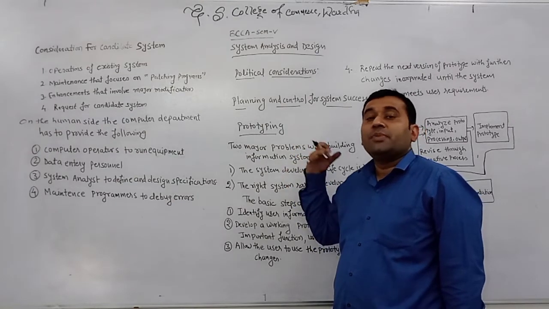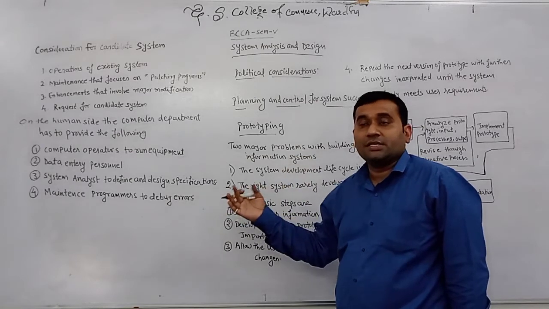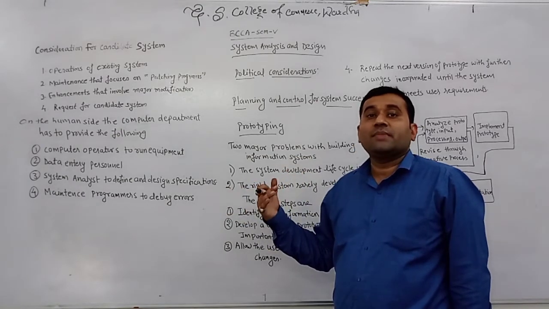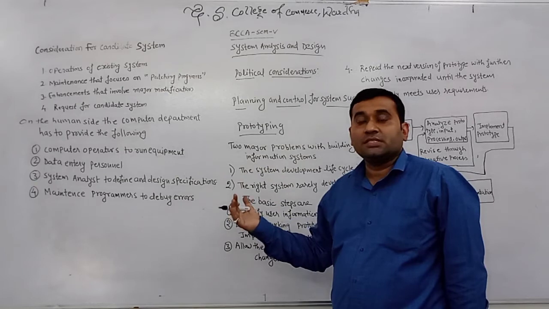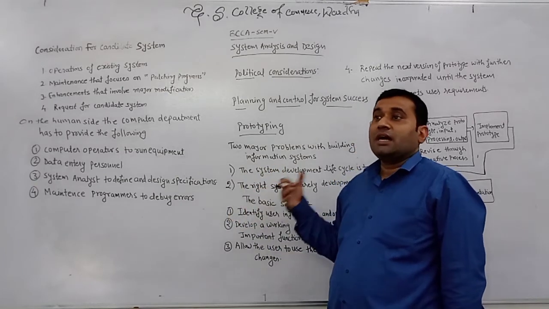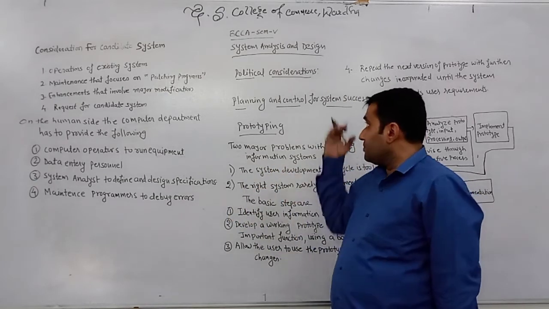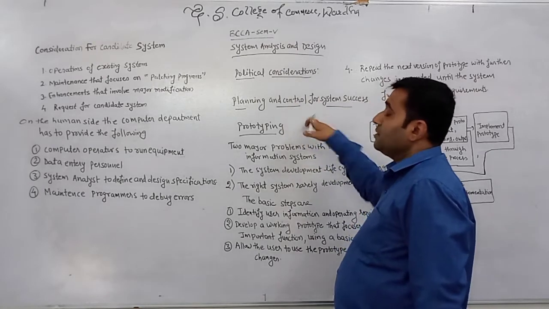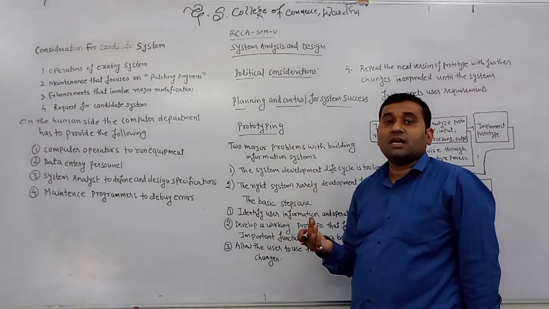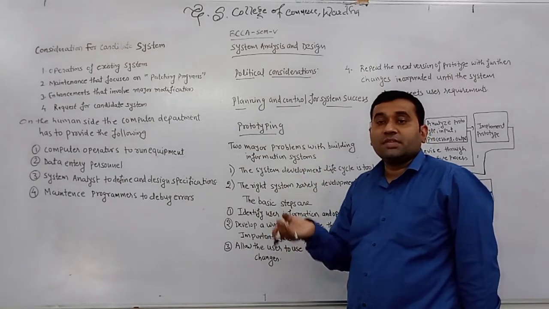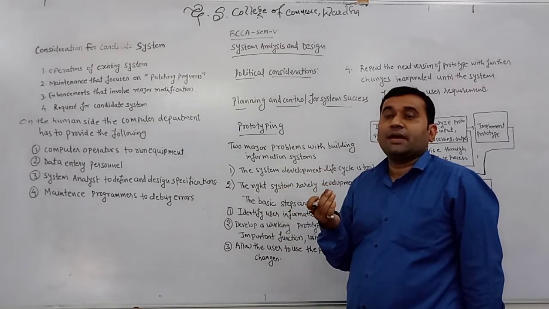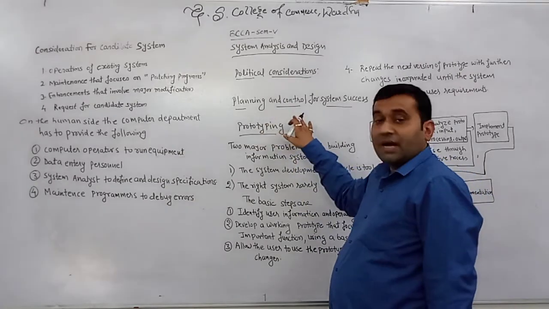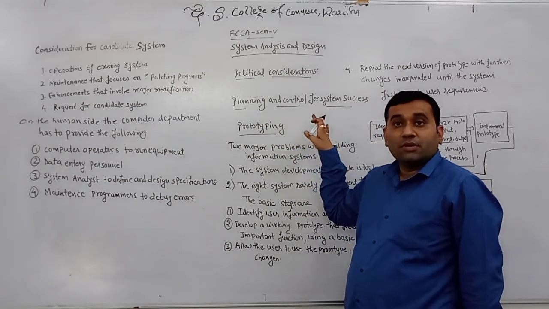Implementation means implementing the system in the organization. Then maintenance is provided by whoever developed this system. They decide where problems arise in the system, and they are modified and rectified by whoever developed this software.